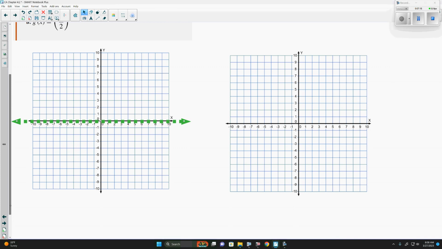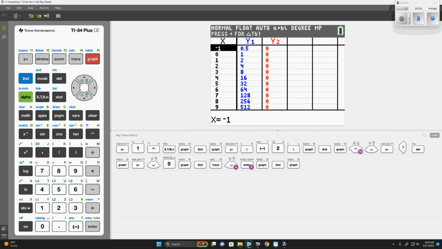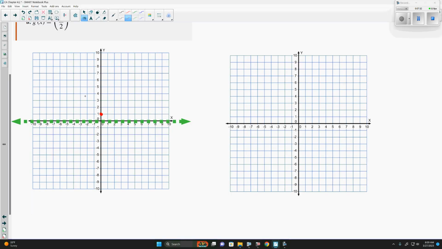Now we just need some points. I do know what one of the points is. One of them is 0, 1. That's another point. 1, 2. We also have 2, 4. We also have 3, 8. We have negative 1, 1/2.